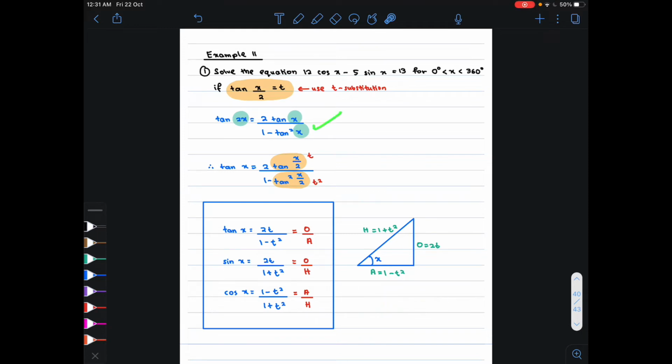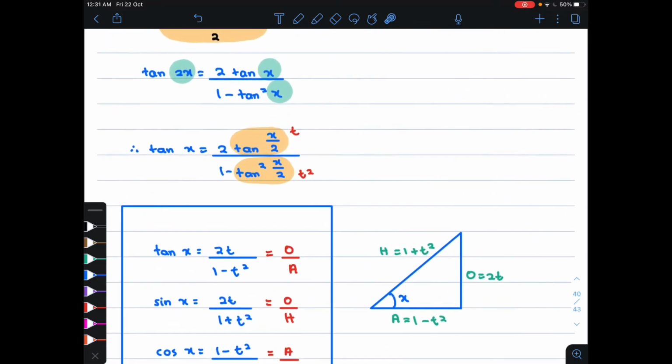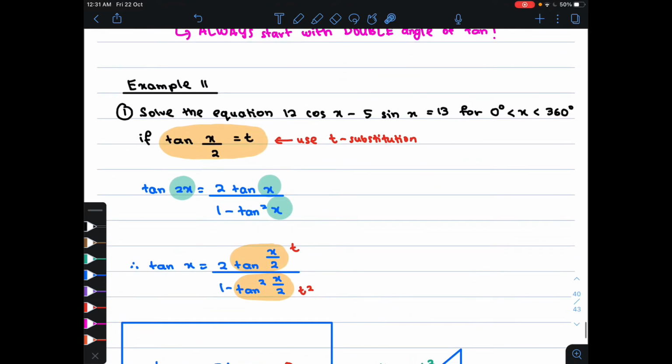Starting with double angle, change it to become half angle, and then draw your right angle triangle like this, and then find what is tan x, sin x, and cos x. So our question is 12 cos x minus 5 sin x equal to 13.